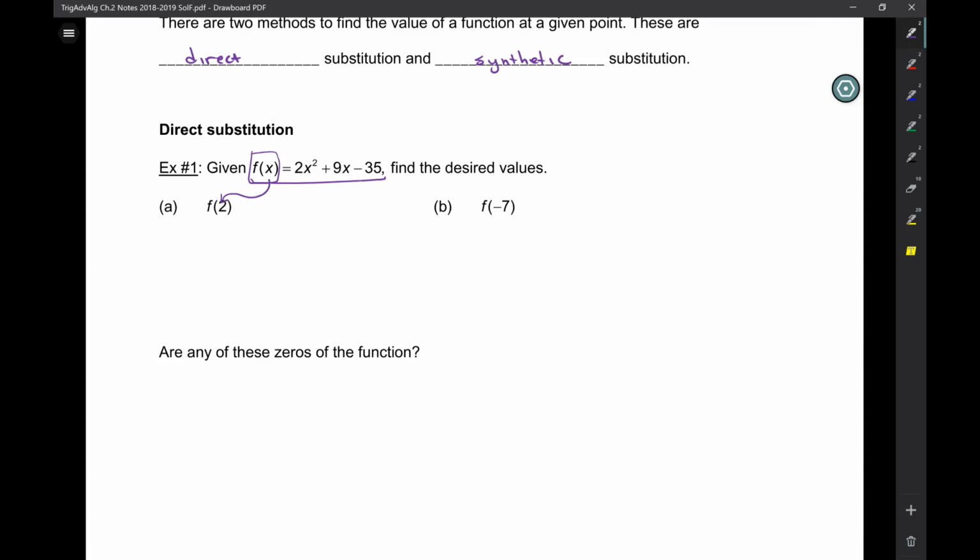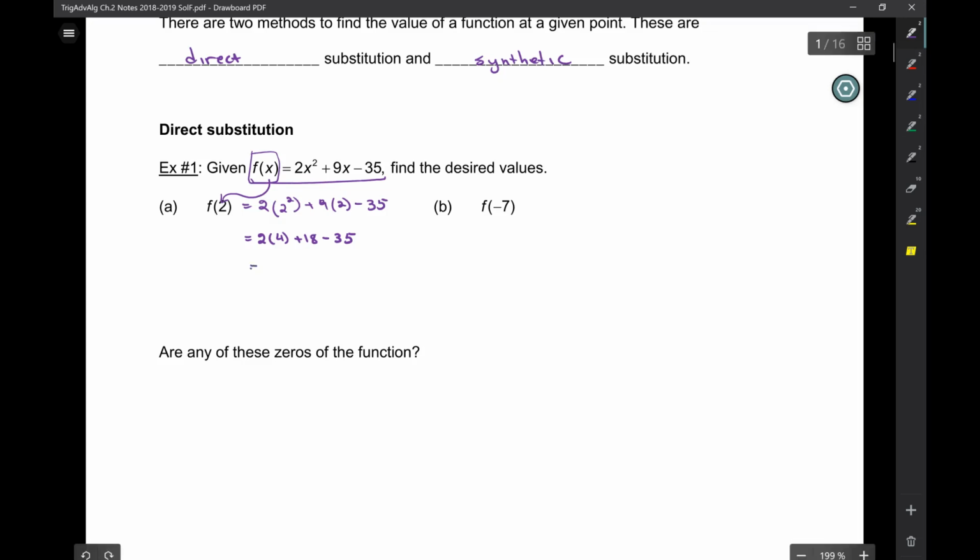That means in your function, every time you see an x, you replace it with a 2. So that's 2 times 2 squared plus 9 times 2 minus 35. How much is that? That's 2 times 4 plus 18 minus 35.